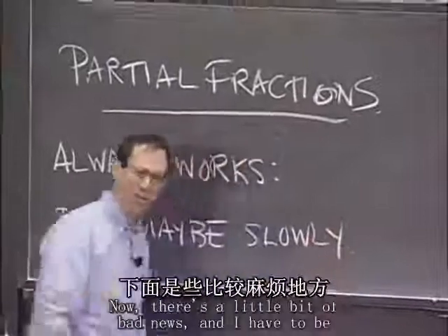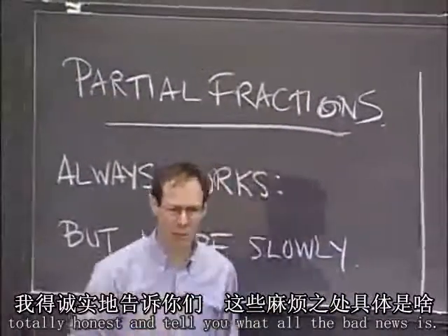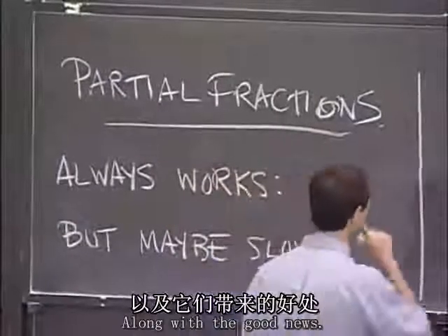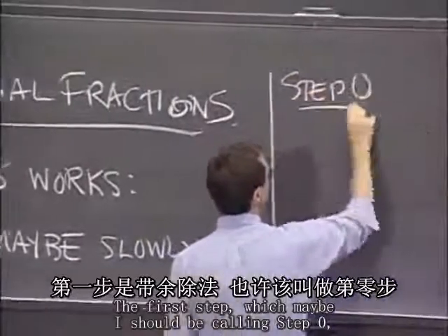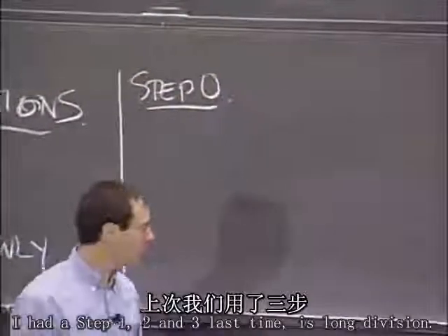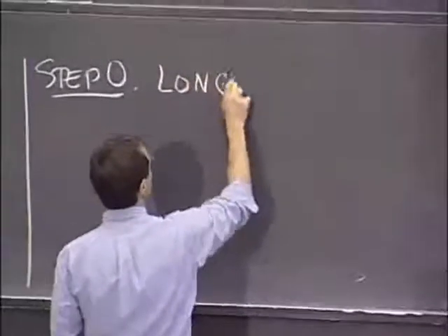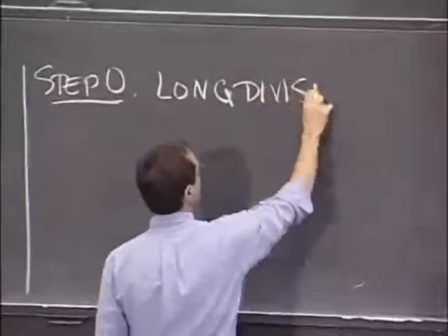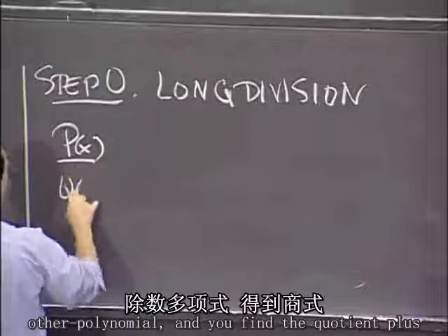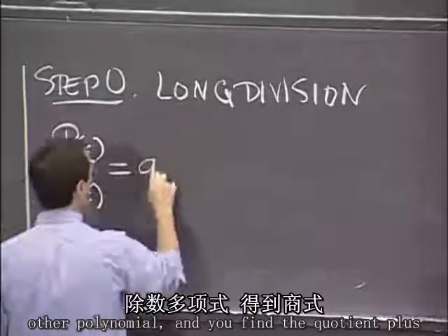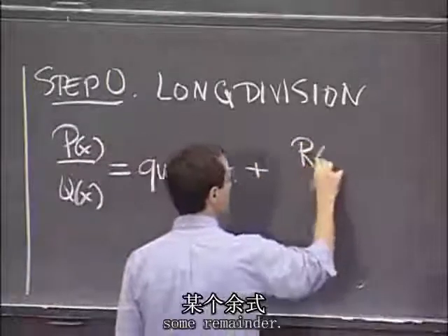Now, there's a little bit of bad news, and I have to be totally honest and tell you what all the bad news is, along with the good news. The first step, which maybe I should be calling step 0, I had it step 1, 2, and 3 last time, is long division. That's the step where you take your polynomial divided by your other polynomial, and you find the quotient plus some remainder.